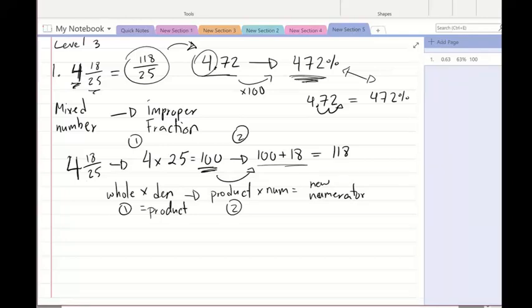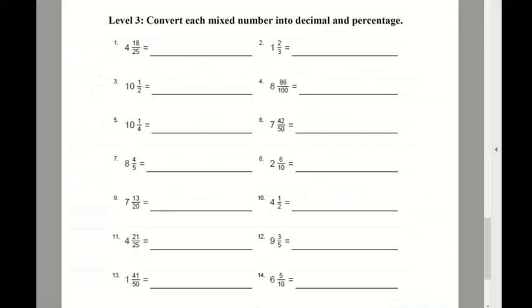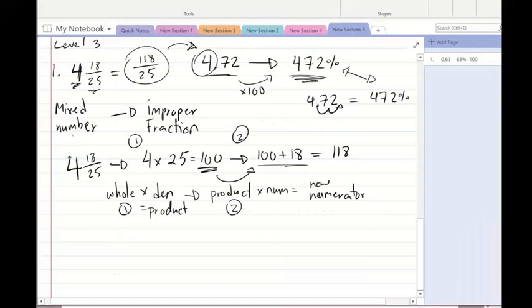Another way you could do it, and I really want you to learn how to convert from mixed to improper fraction, is that you have 4 and 18 out of 25. This part right here, when you find the decimal of it on the calculator, you get 0.72.